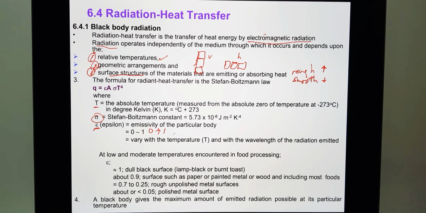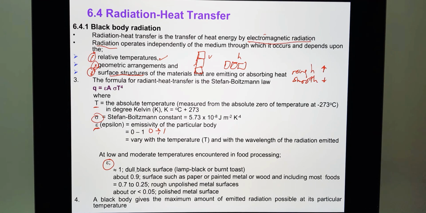Okay, the value of epsilon varies with the temperature and the wavelength of the radiation emitted. At low and moderate temperatures encountered in food processing, the value of epsilon is almost 1, then you will have a dull black surface. For example, burnt toast or burnt food material, then you can expect that the value of epsilon is 1. If the value of epsilon is 0.9, then the surface is such as paper, painted metal or wood, including most food.